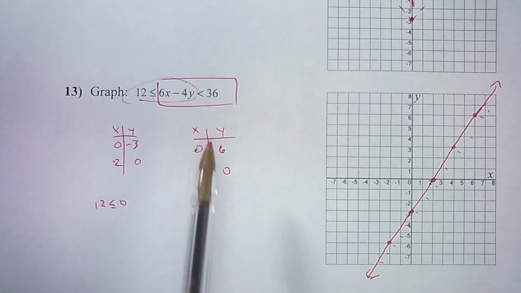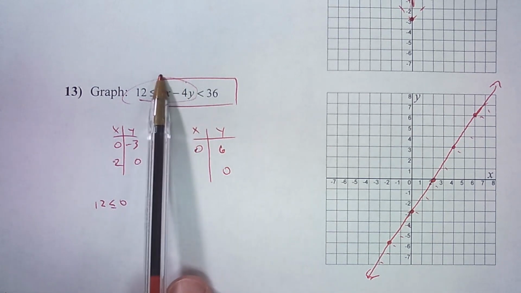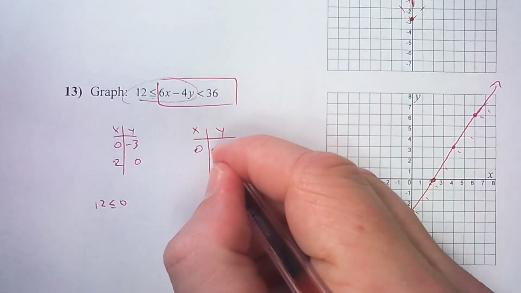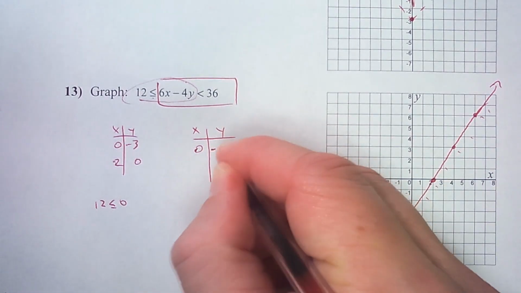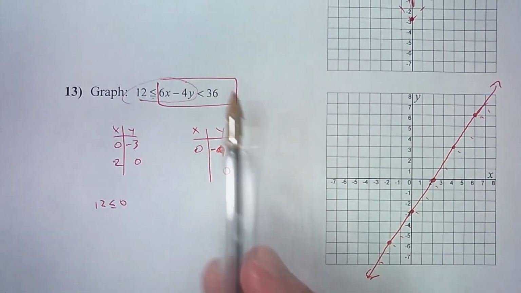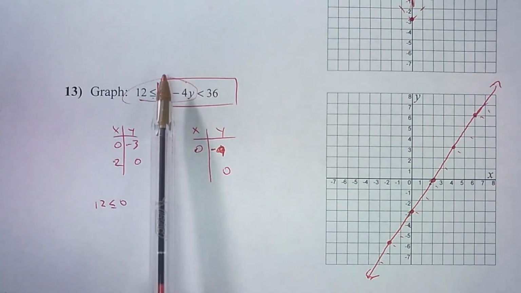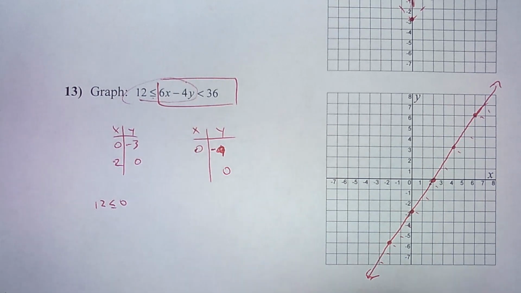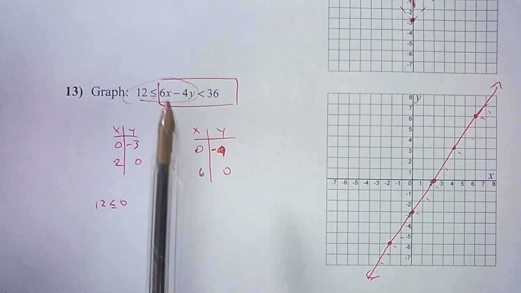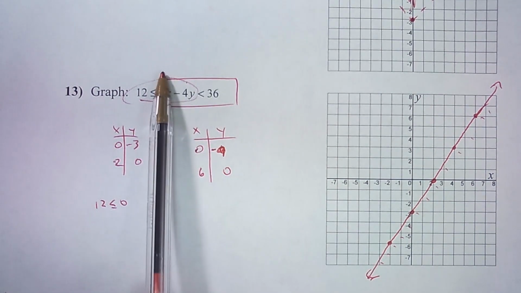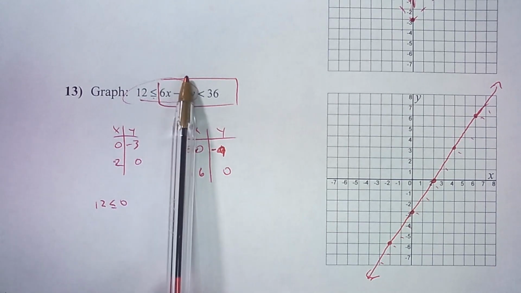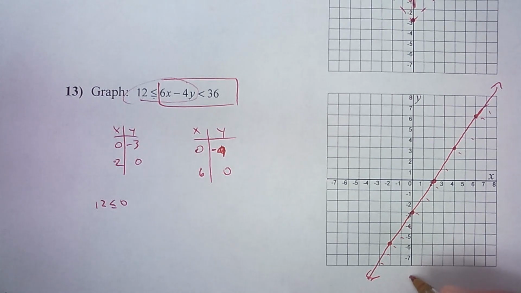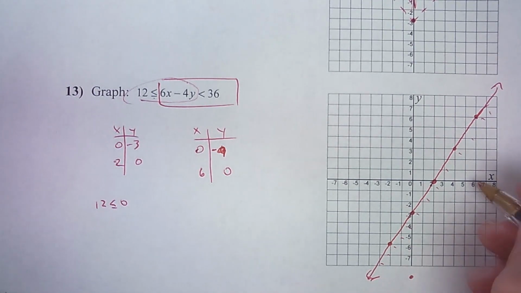When I put a 0 there, I get negative 9, so I'll have negative 9. And then I'll put the 0 in for y, and 36 divided by 6 is 6. So 36 divided by negative 4 is negative 9. 36 divided by 6 is 6. So I get 0, negative 9, and 6, 0.